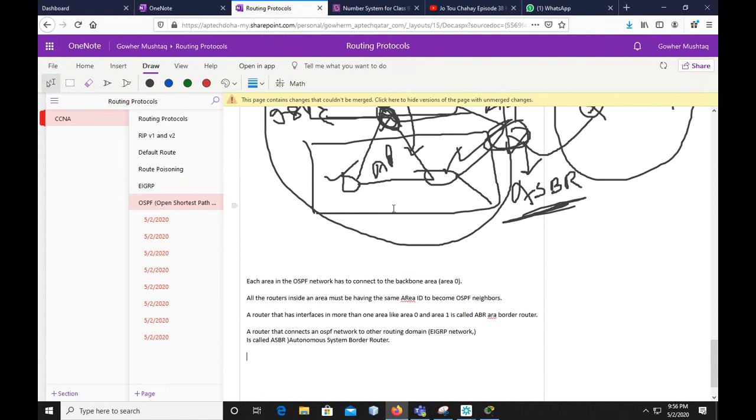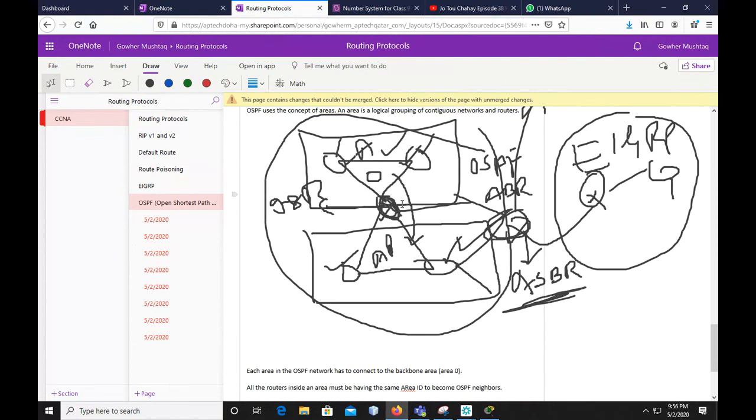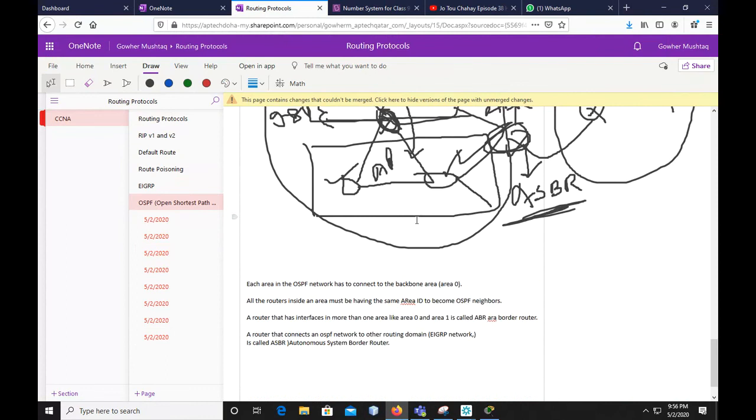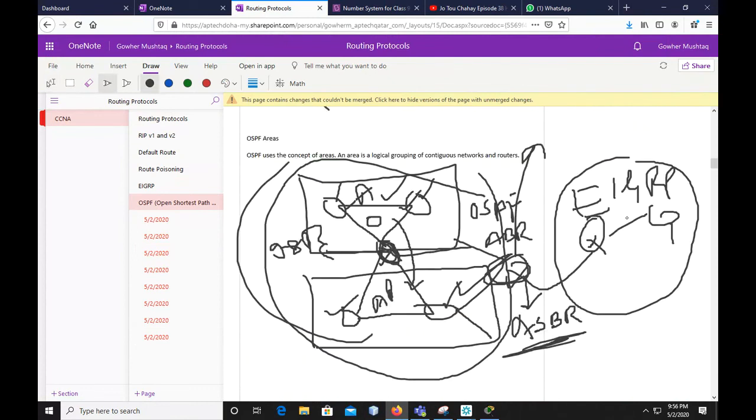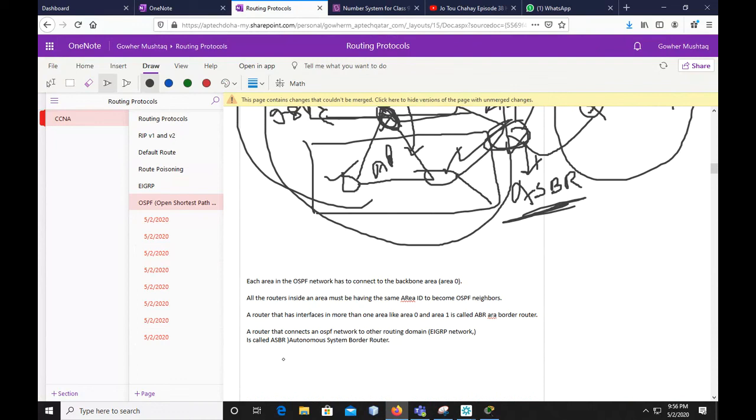So a router which has interfaces in more than one area is called an ABR. A router which connects the entire OSPF network, which is this entire network here, to another routing domain like EIGRP, is called an ASBR.